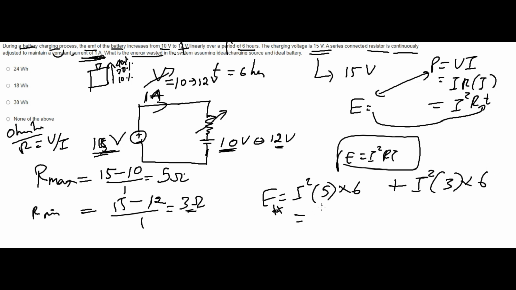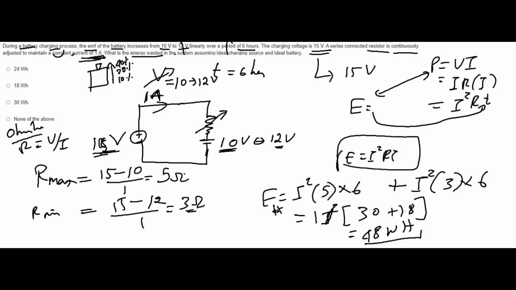Both have a common I square, which is 1. So 30 plus 18. Totally you get 48 watt hours. This is the total.